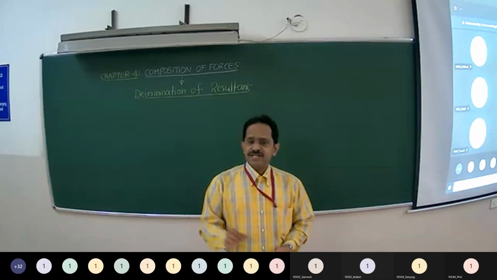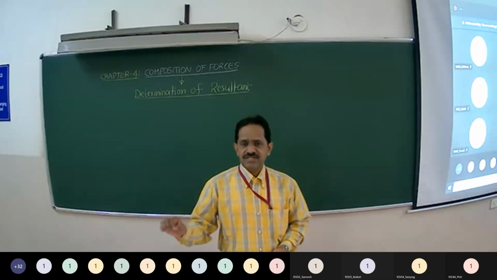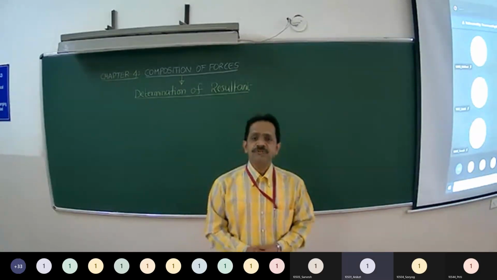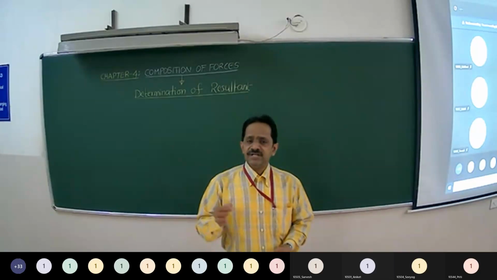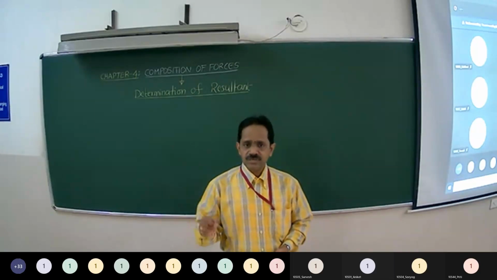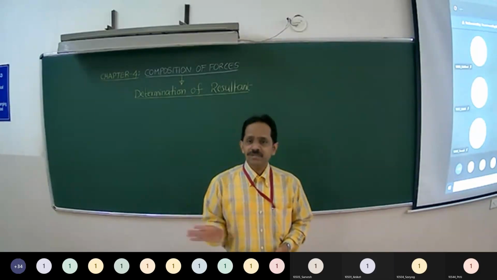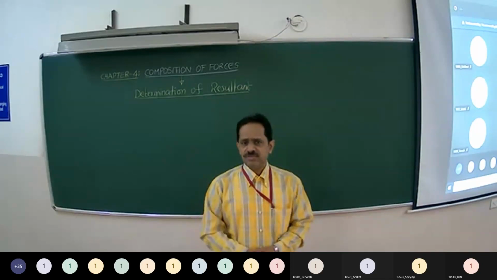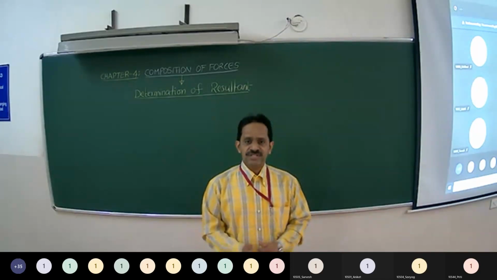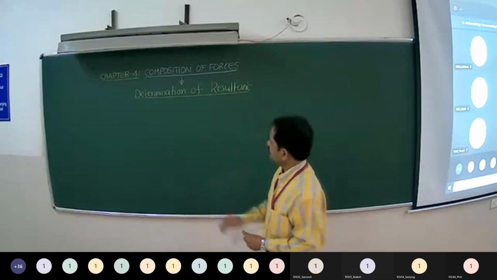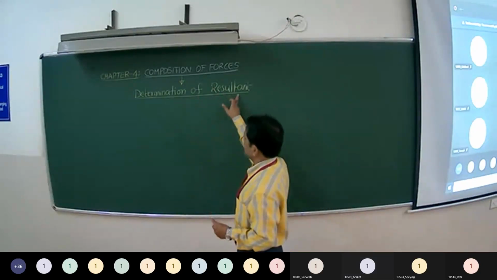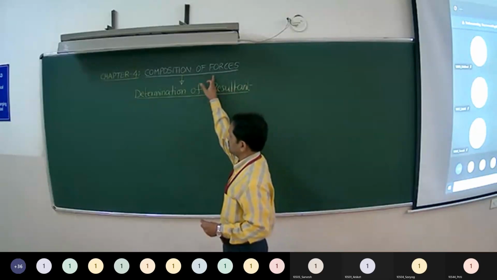Simply, determination of resultant is nothing but composition of forces. Then how do you define resultant? Resultant can be defined as a force or moment which can replace the given system of forces or moments without changing the effect. Is it clear? So here determination of resultant is composition of forces.